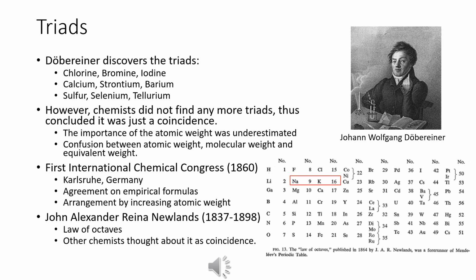He and other chemists searched for more of these triads, but they were unsuccessful. Therefore, for the chemist community, the triads were seen as just a mere coincidence and not a deep understanding of something happening with nature itself.